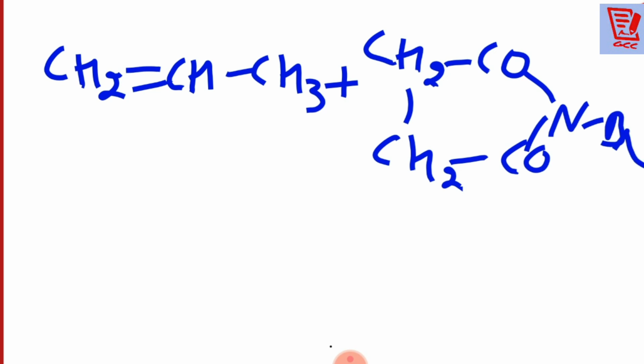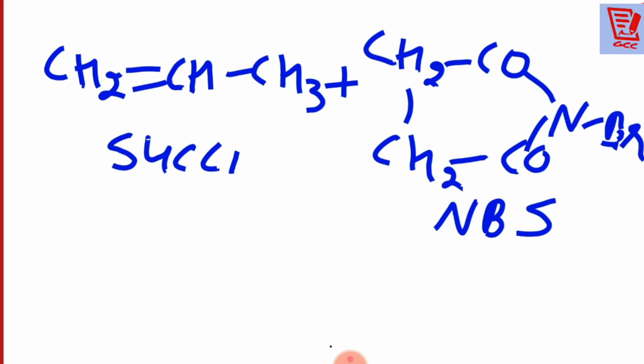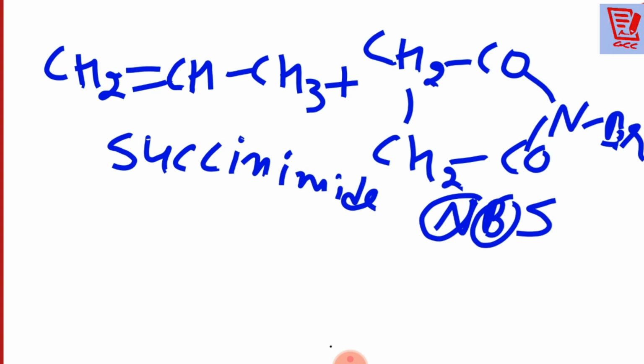This is called NBr, and it is also simply called NBS, N-bromosuccinimide. The spelling is SUCCINIMIDE, N-bromosuccinimide.